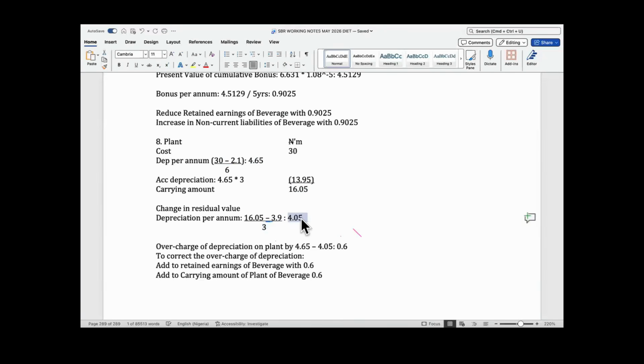That gives me this, the depreciation they are supposed to charge in 2024, but they still charged 4.65. So they overcharged depreciation by 0.6, and I need to correct that. When they charge depreciation, they deduct from profits and from carrying amount, so now I'm adding back what they have deducted.